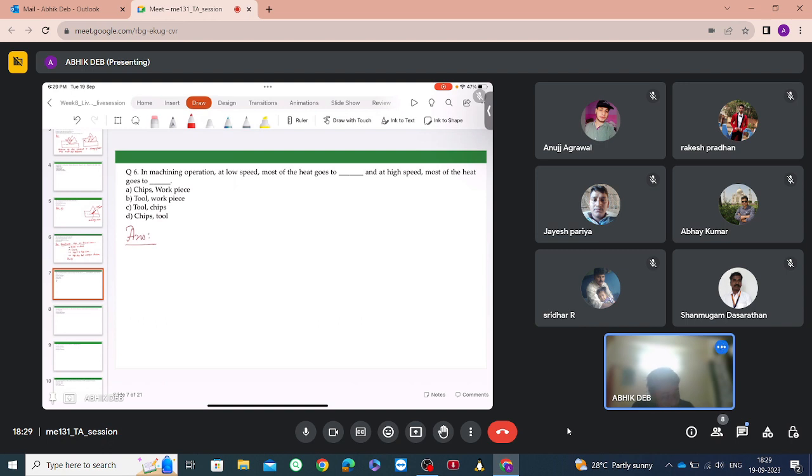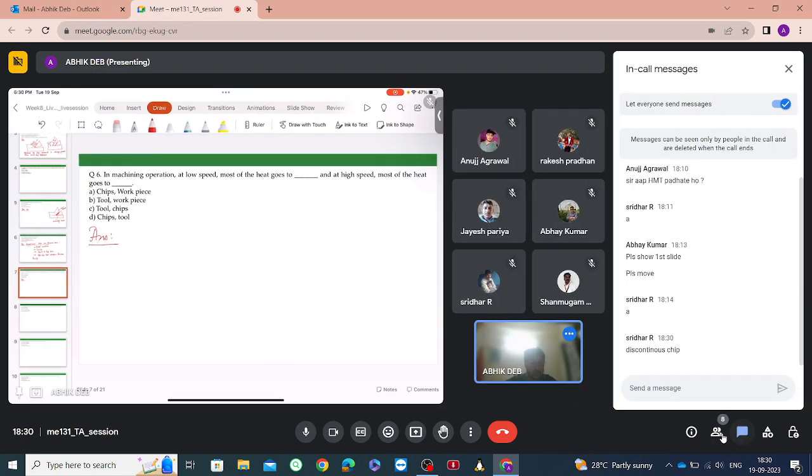Start with at low speed. So, at low speed, what happens? Any idea? Anybody, just whatever you think, you can give an answer. So, you were saying that at low speed, most of the heat goes to the chip. Okay.